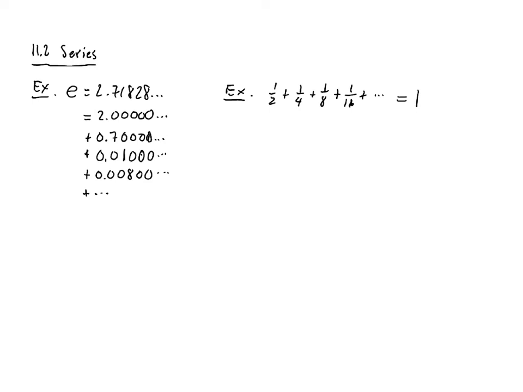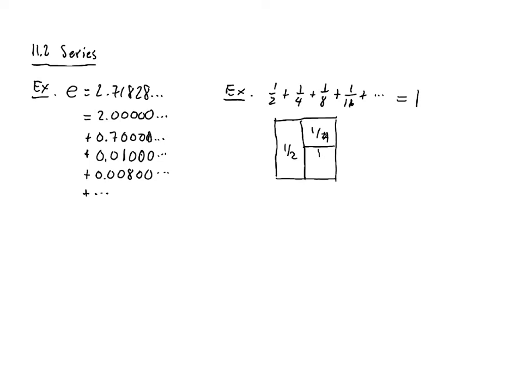I'll give you a geometric explanation for this. If I take a square of unit side length and cut it in half, the area of the first piece is exactly 1/2. If I cut the remainder in half, then one of those pieces has area 1/4.